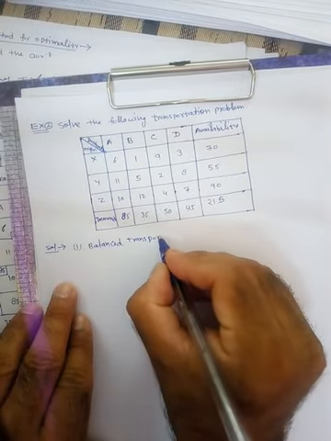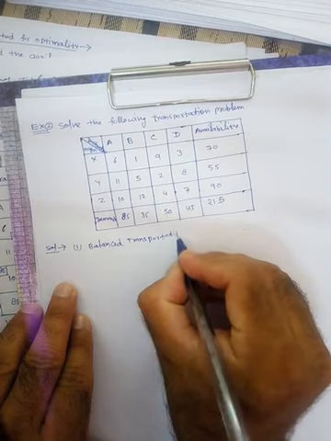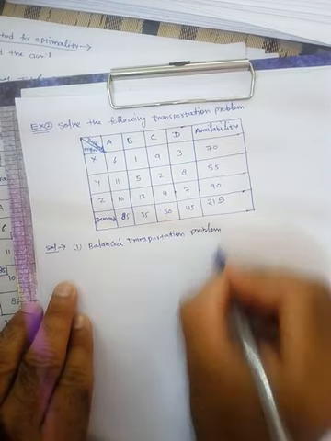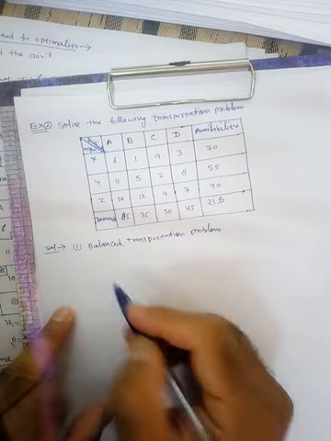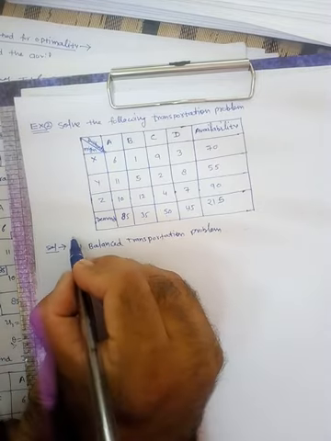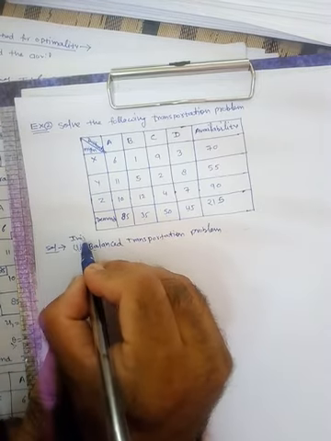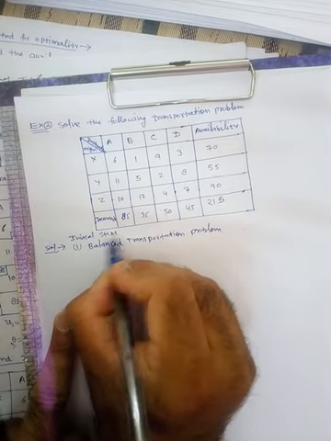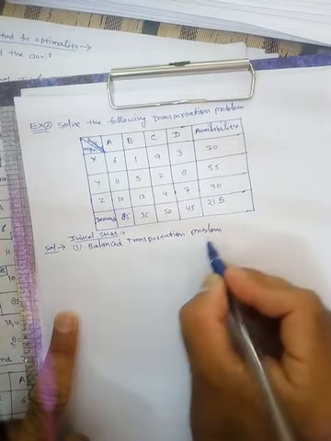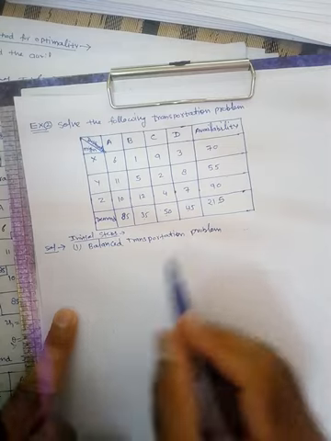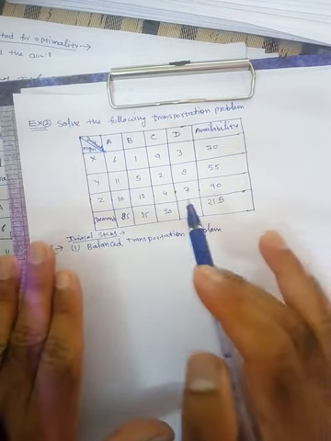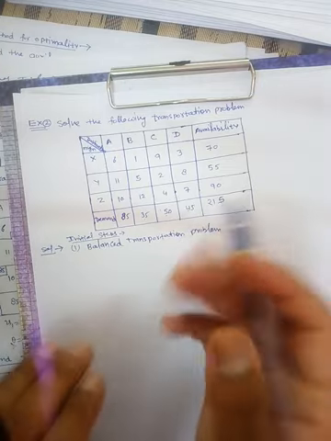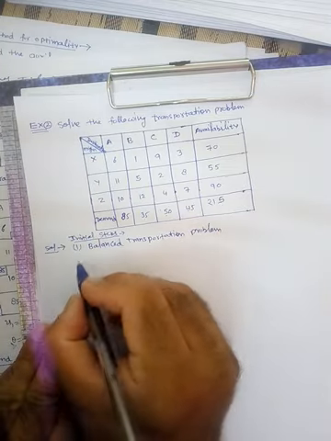This is the initial step. If suppose this is not a balanced transportation problem, then we have to make it balanced. We will take that example later on. Fine. So it's a balanced transportation problem.